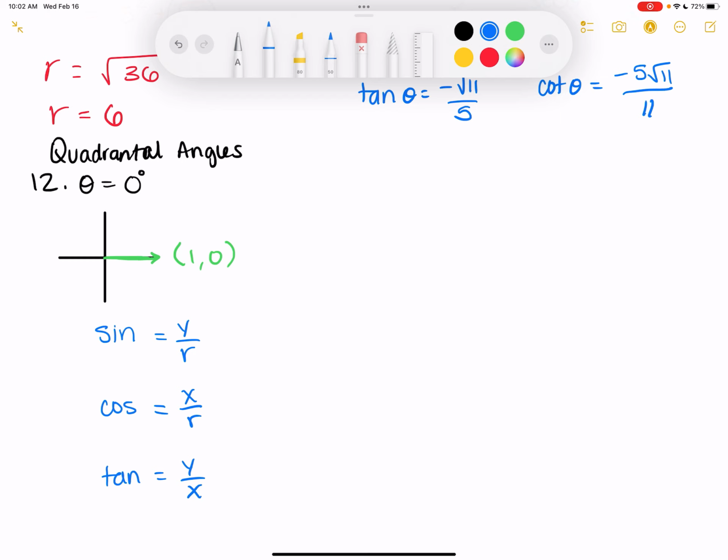So we want to find all 6 trig functions of this theta of 0 degrees. These really aren't actually bad. They look kind of like they're going to be bad, but they're actually really easy.